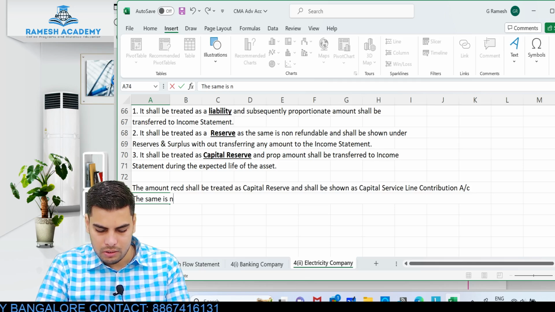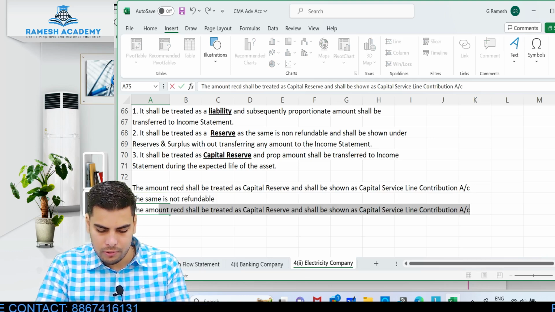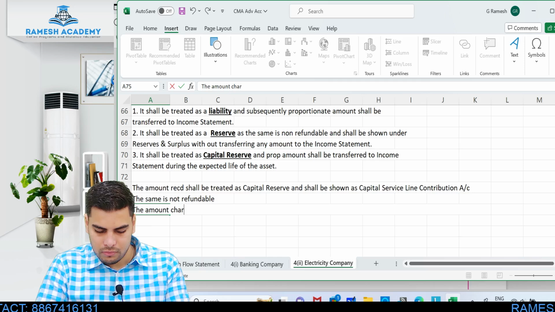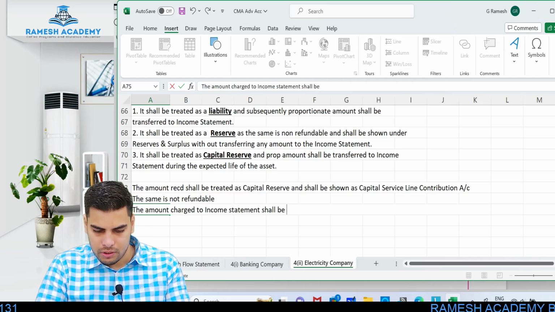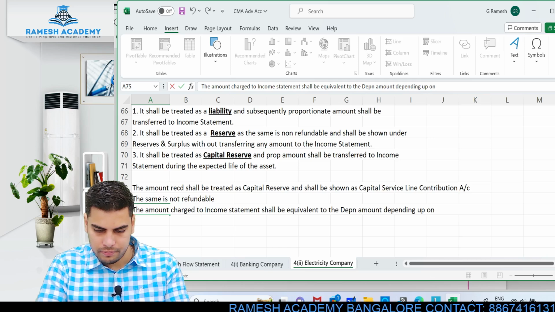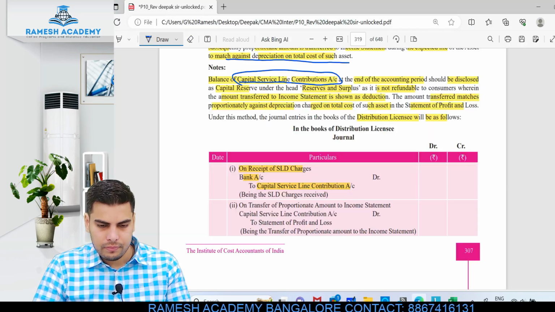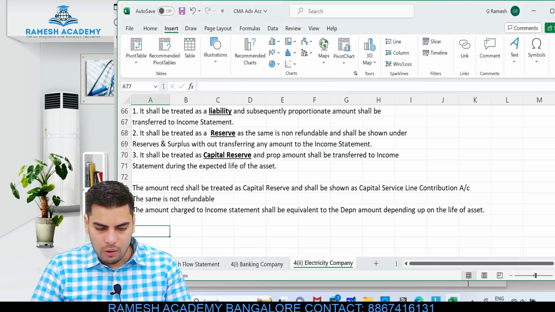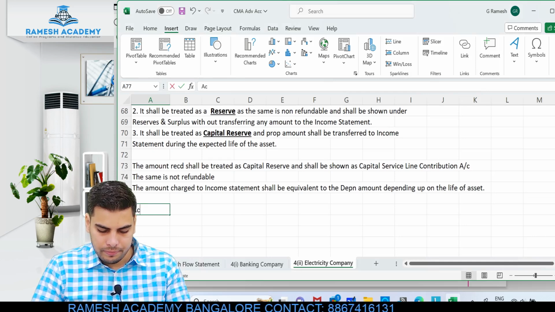The same is not refundable. Okay, so the amount charged to income statement shall be equivalent to the depreciation amount, depending upon the life of asset. Clear? Now let's talk about the accounting treatment.